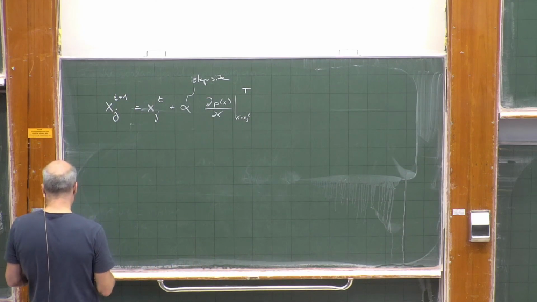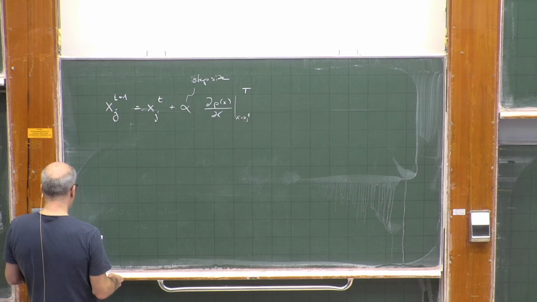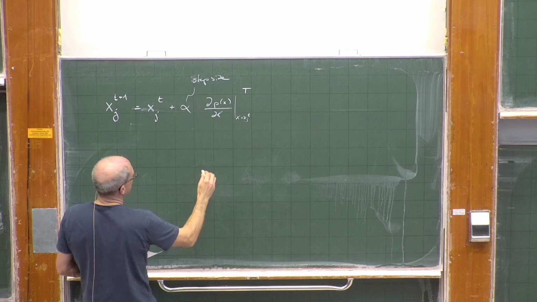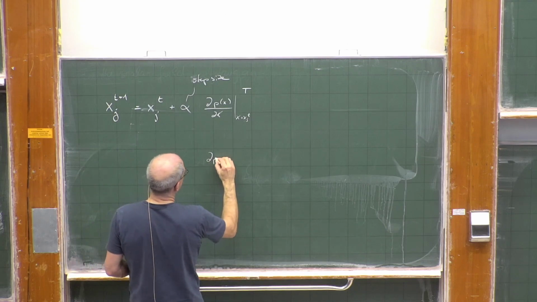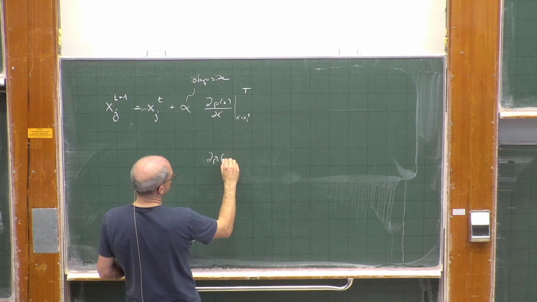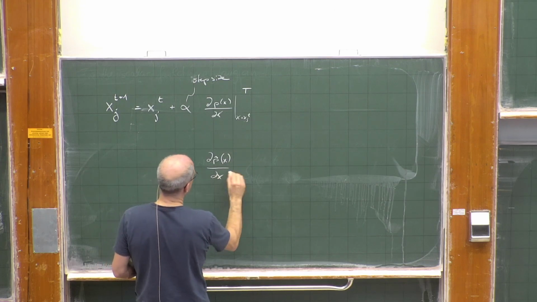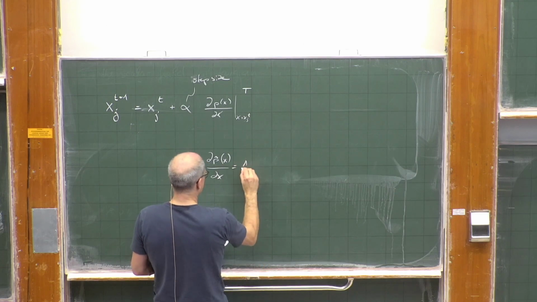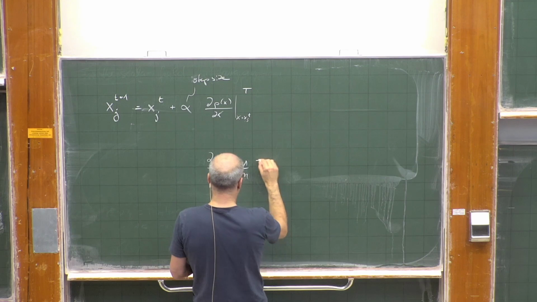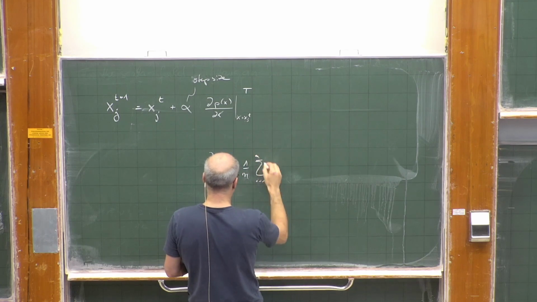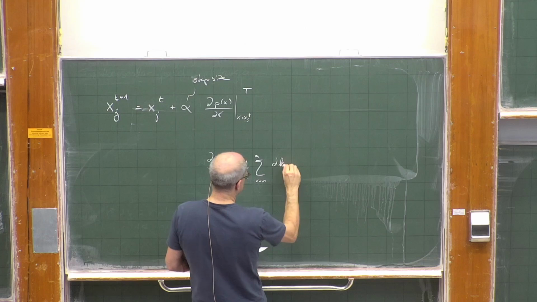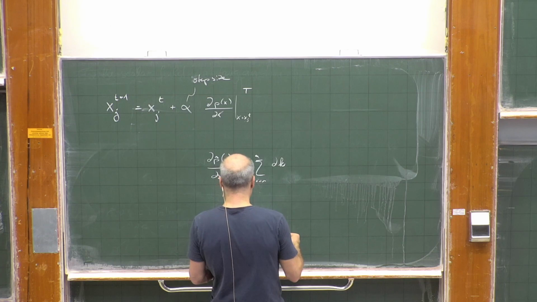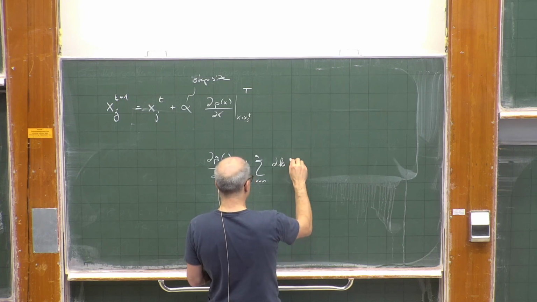All right, and now this density estimate here, we can use the kernel density estimate, and so just inserting the formula for the kernel density estimate, I need the derivative of my kernel.